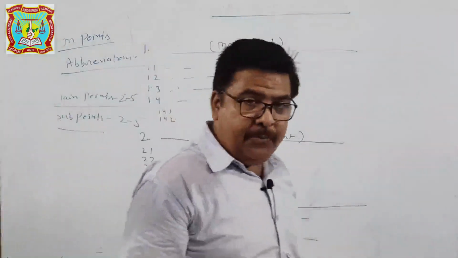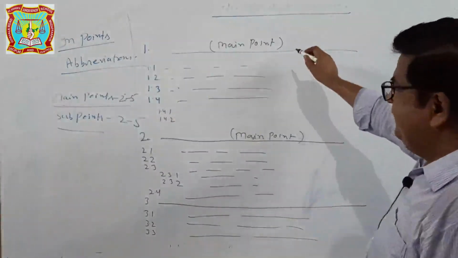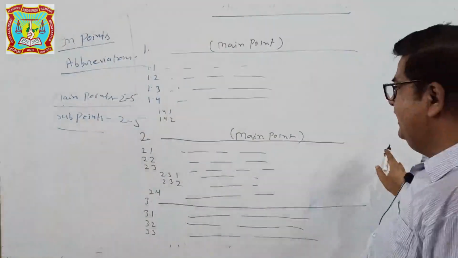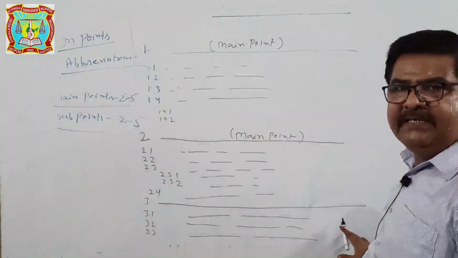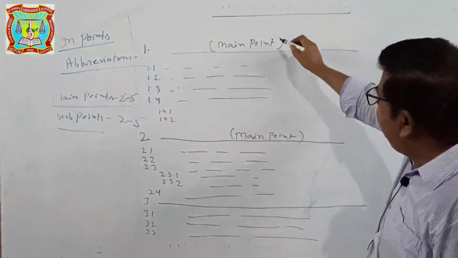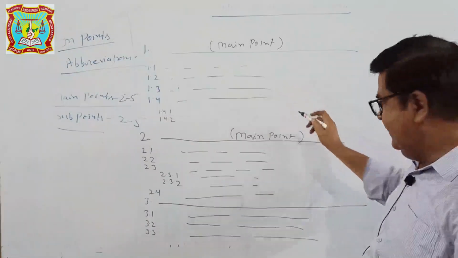Now, where to put the abbreviations? I have already told you that the abbreviations which you are listing at one place on the right hand side of your note must be used somewhere in main points or sub points in your note.